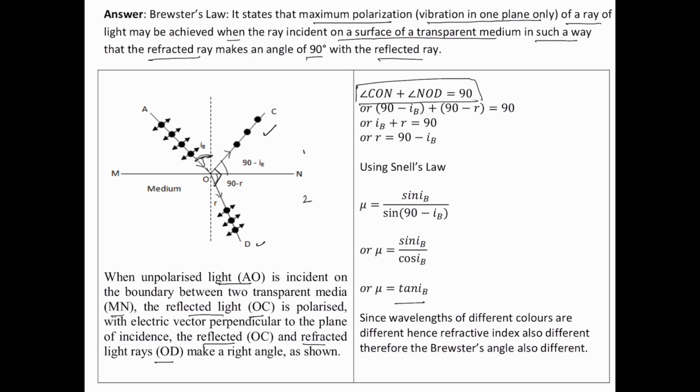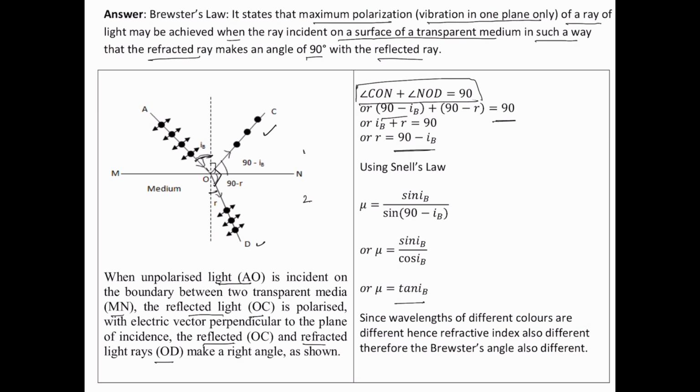If this total is 90 degrees, this angle will be 90 minus the angle of incidence IB, and this is 90 minus R. So the total should be equal to 90 degrees. We find that IB plus R equals 90 degrees, or the angle of refraction equals 90 minus the angle of incidence, Brewster's angle.